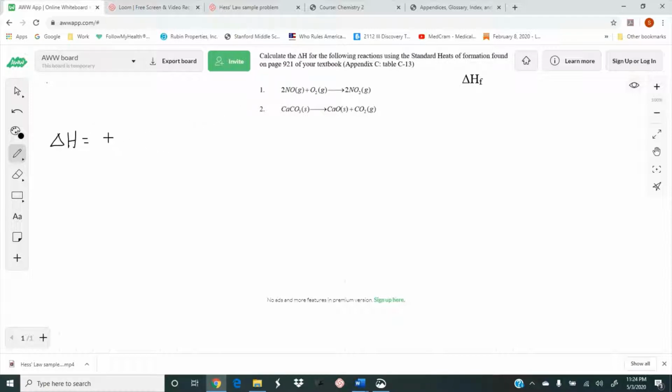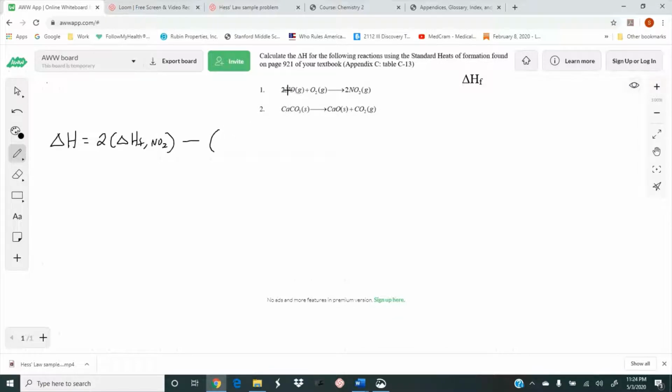It's going to be equal to, since the coefficient is 2 for this, 2 times the heat of formation of NO2, and since that's the only product, we're then going to subtract the reactants.